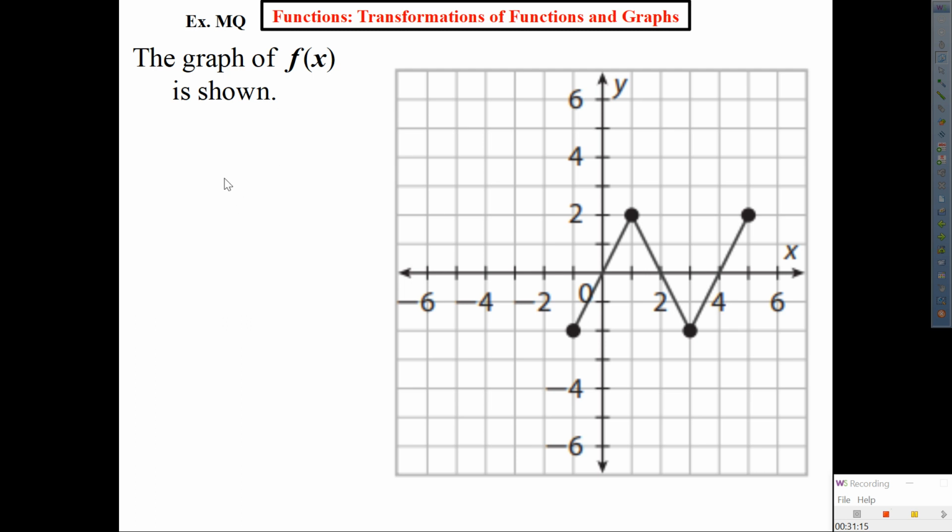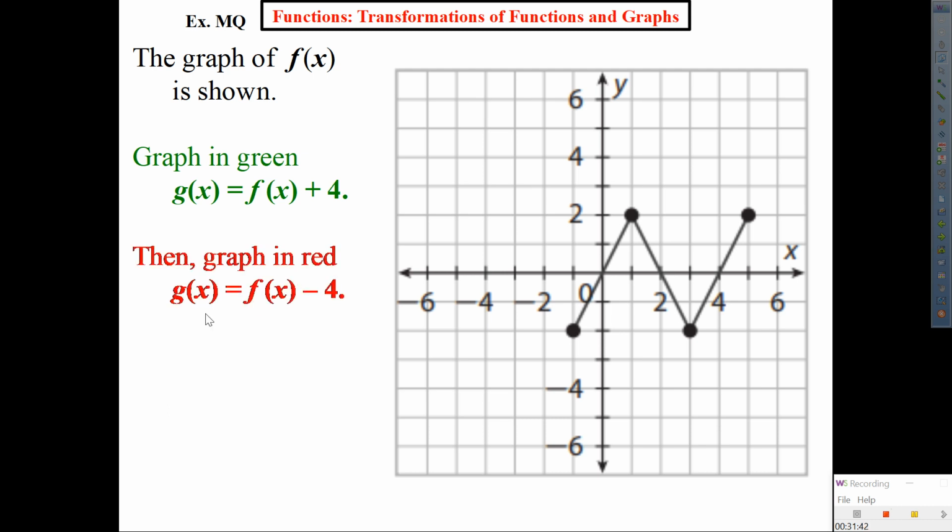Then it says, graph in green the new transformed graph g of x with the f of x plus 4. And then from there, graph in red a new transformed g of x with f of x minus 4. Let's see how you do with that. I'll give you some time.